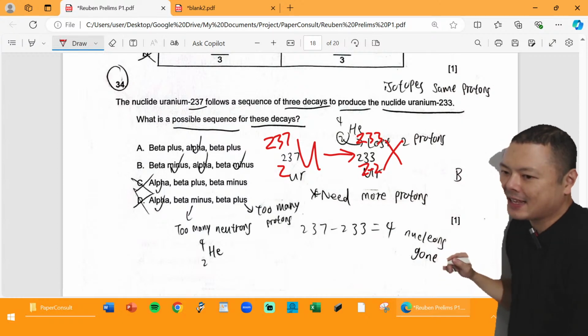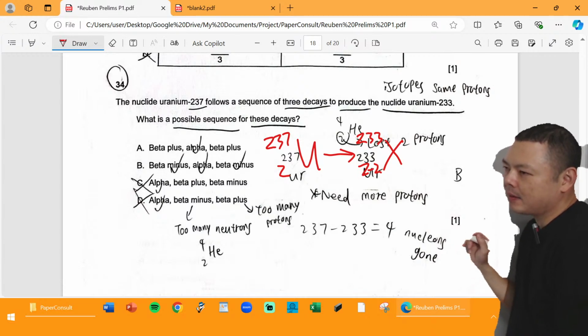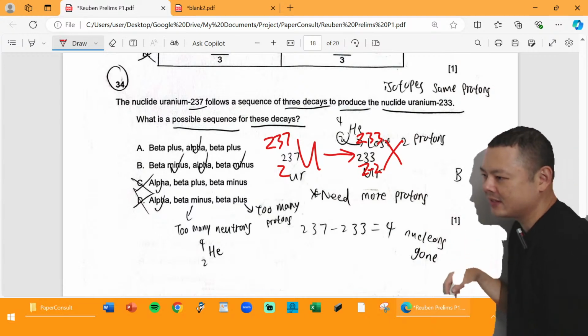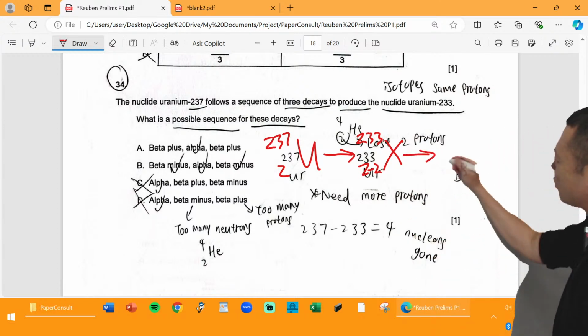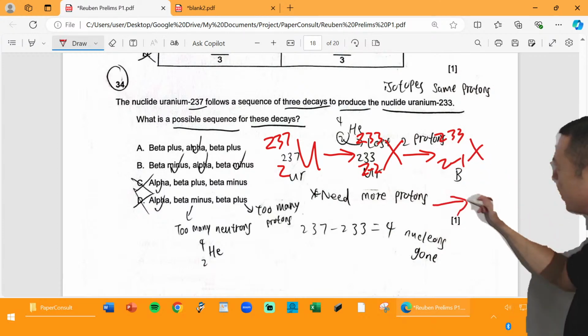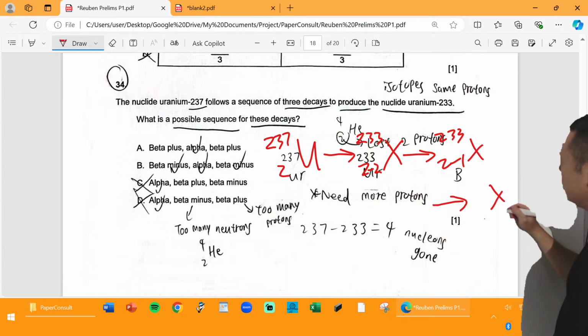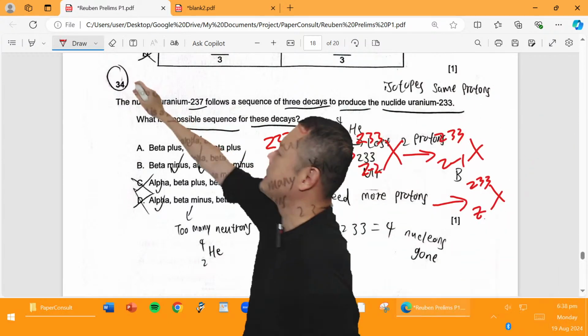It's just beta now. So you have to ask yourself which beta decay will give you back protons. Because now you have -2 protons. You have to make it go back to 233, Z -1, and then one more time to 233, back to Z again, and the last one becomes uranium again.